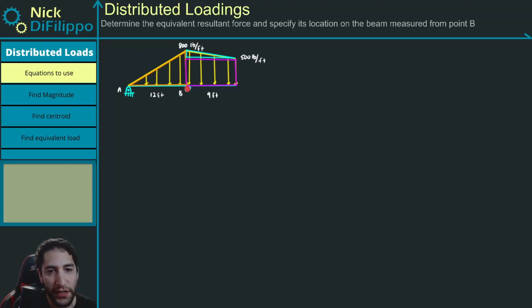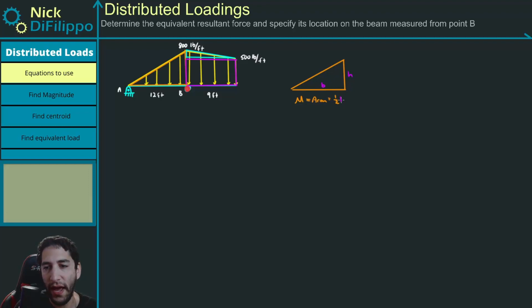So let's remember what it is when we're looking for a magnitude and a centroid of these different shapes. So for a triangle, the magnitude is the area. And the area of a triangle, so my magnitude is equal to my area, is going to be 1/2, and let's call this length right here some base, and this length right here height.